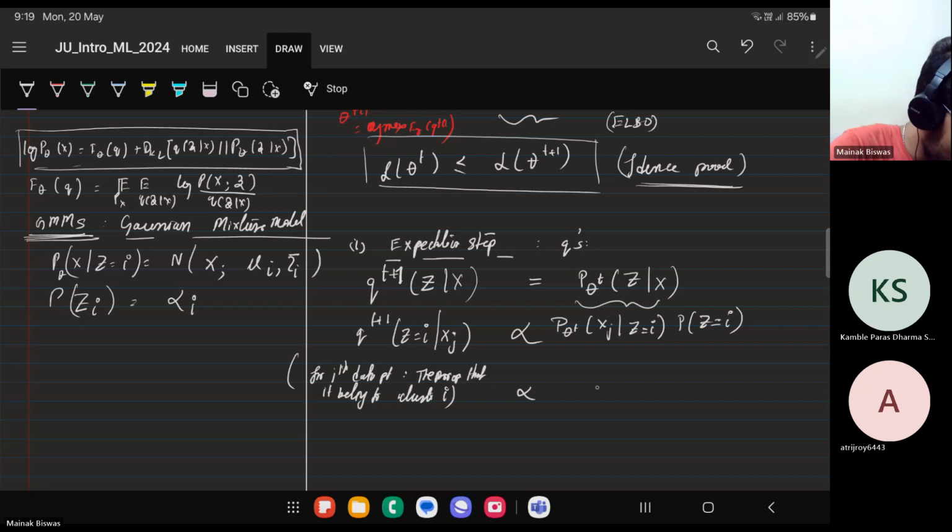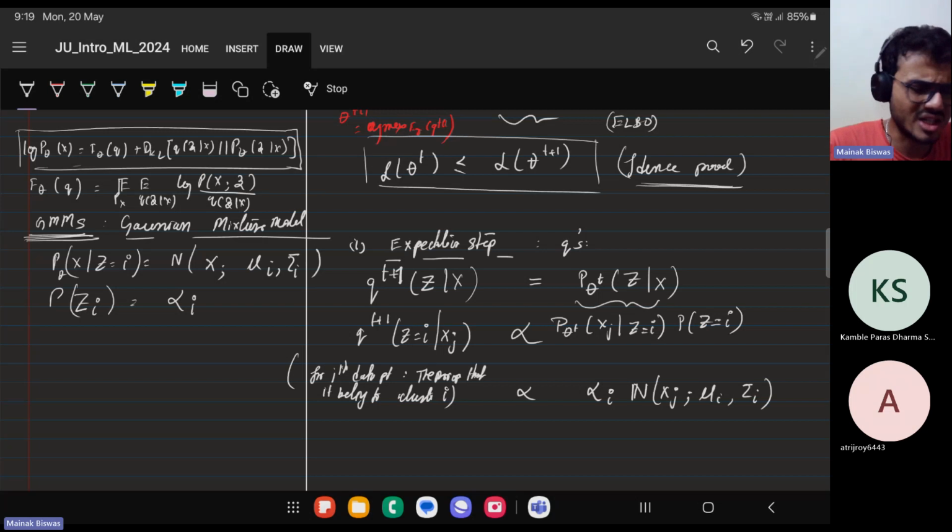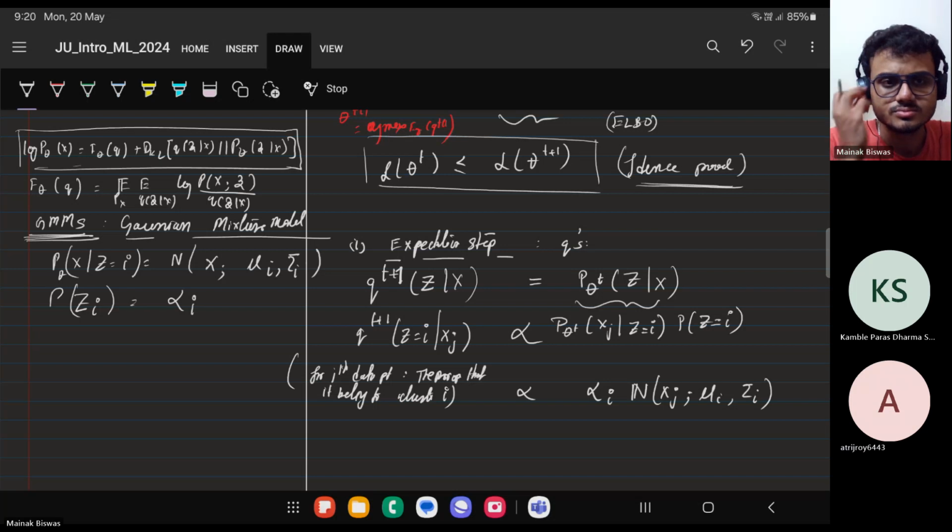Proportional to alpha i times normal of x j, where x j is the data point, with mu i and sigma i. Yes or no? Yes, we knew that.